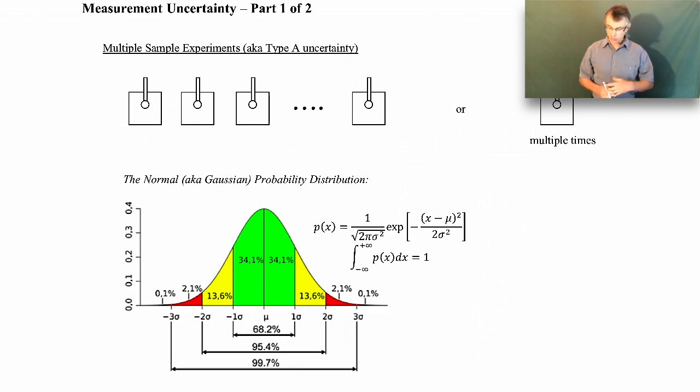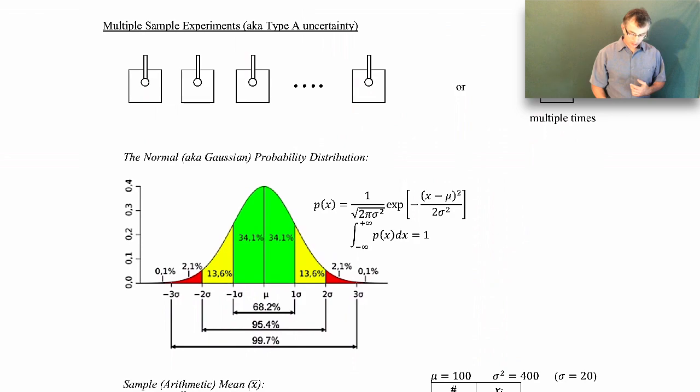Now, that's one way to do it. It's not very practical. More typically, you take the same experiment and just run the experiment multiple times. So we'd have one container, one thermometer, and we just perform our experiment 20 different times, and we get 20 different measurements from that. Regardless of how we run the experiment, we're getting multiple measurements.